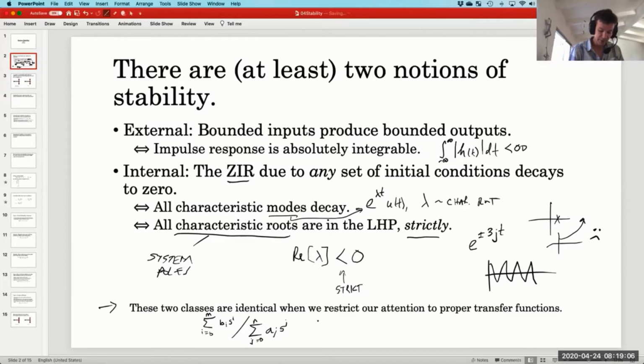And a proper transfer function is one in which m is less than or equal to n. Technically, a strictly proper transfer function is where this inequality is strict. Okay, but for our purposes, if the transfer function is merely proper, then internal and external stability are the same. And the reason I bring this up is because the vast majority of real world systems are proper transfer functions.